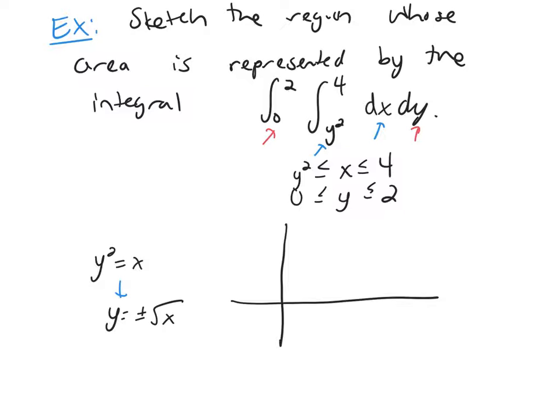So start off with y being 0, x is 0. And if y is 2, so look at your top bound for y, if y is 2, then x would be 4. So here's my square root graph.